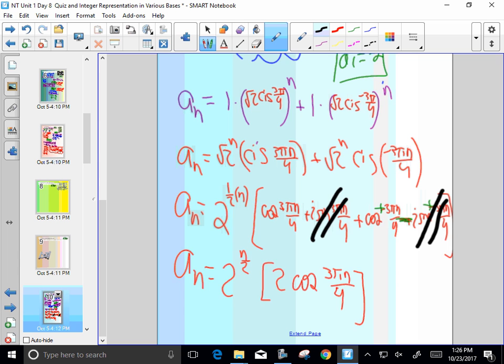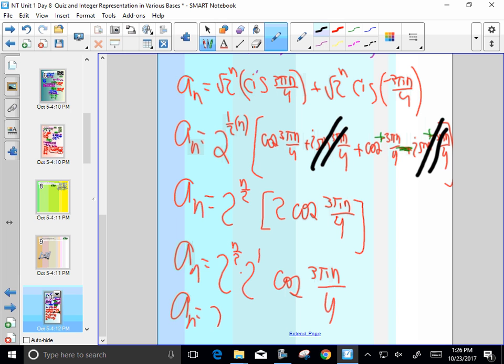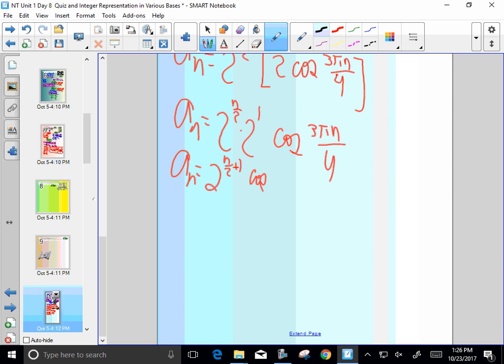Yep. And now this can be simplified. 2 to the n over 2 times 2 to the 1 cosine 3 pi n over 4. Now I want the record to show this is 2 to the what power when we combine those? n over 2 plus 1, cosine 3 pi n over 4.